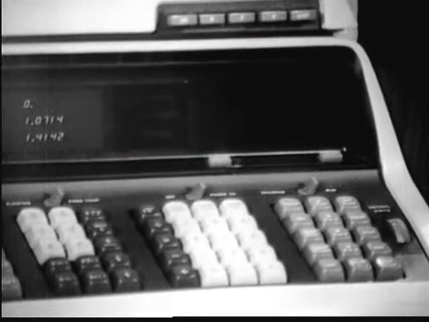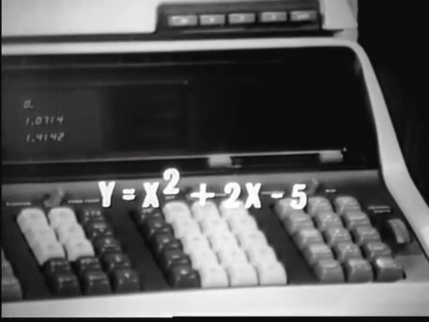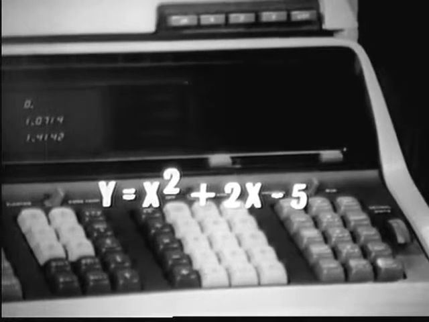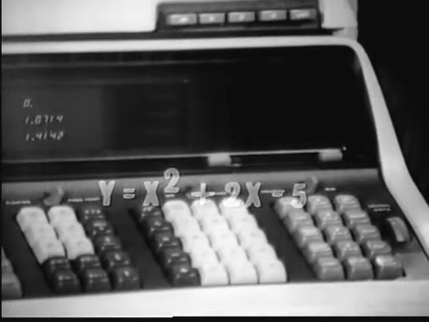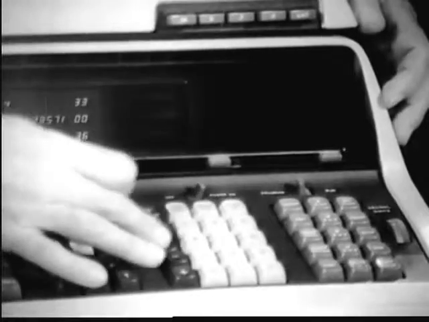As an example, I will create a program to solve the quadratic equation y equals x squared plus 2x minus 5 for various values of x. I simply set the switch to program and key in the steps appropriate to the solution of the equation.